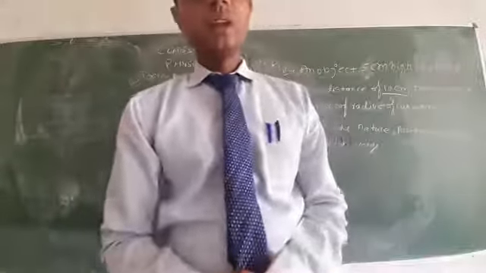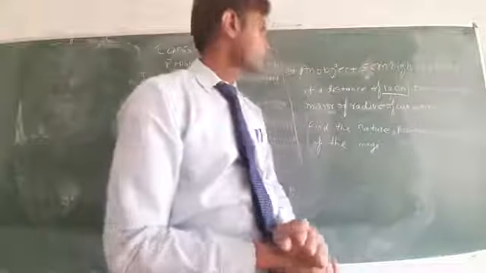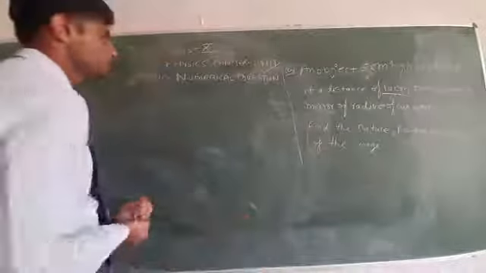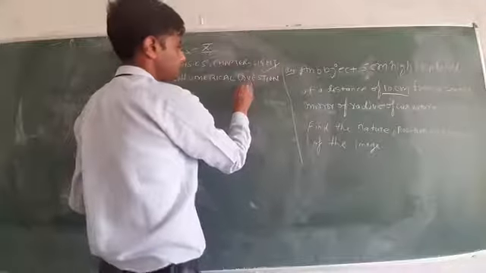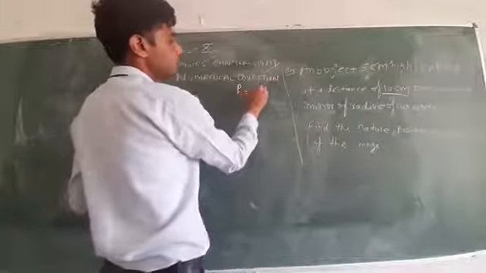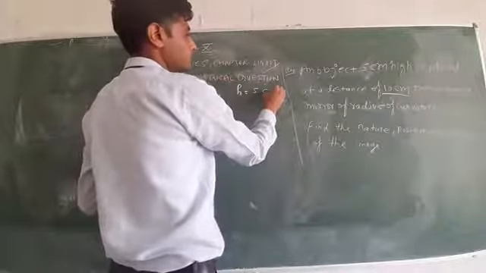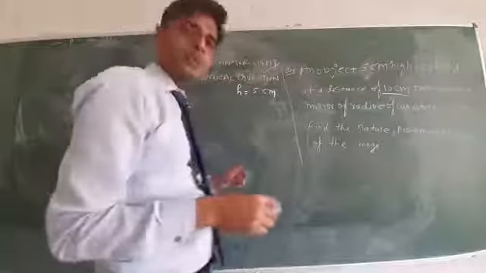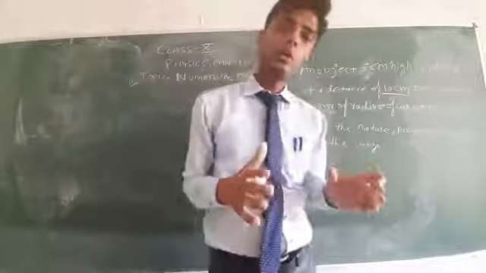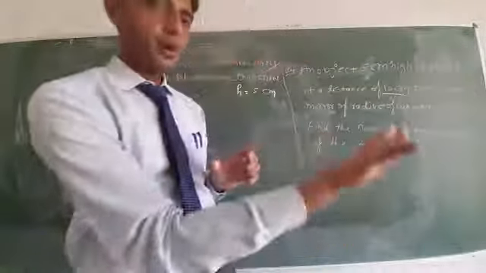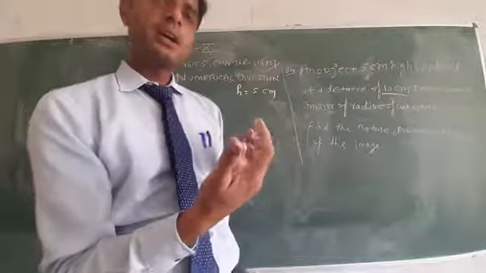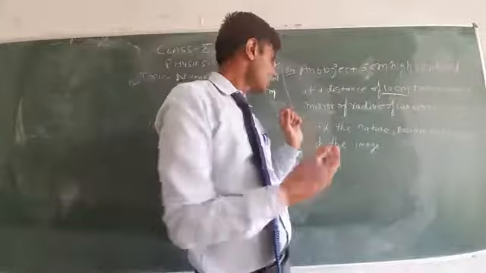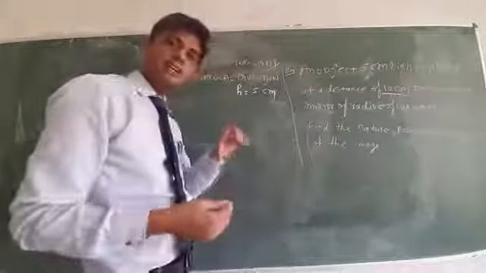This is the numerical. In this numerical, the height of object is given, h equal to 5 centimeter. To solve a numerical, you have to take the object in front of the mirror in erect position.